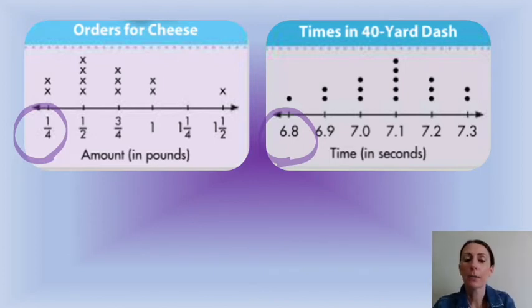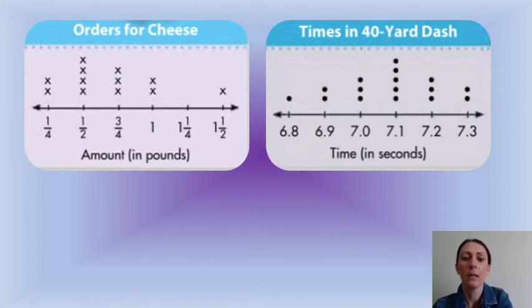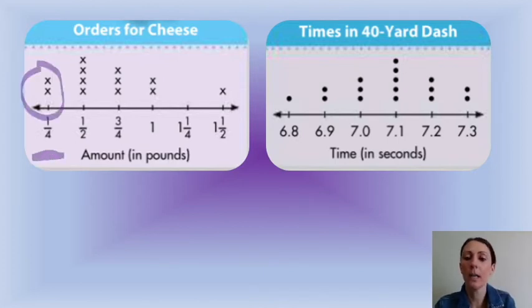In the orders for cheese line plot, we have fractions representing our data. Let's take a look at this 1/4. There's two x's over top the 1/4. Those two x's represent 2 orders of cheese in pounds.